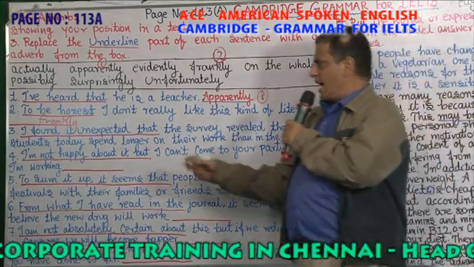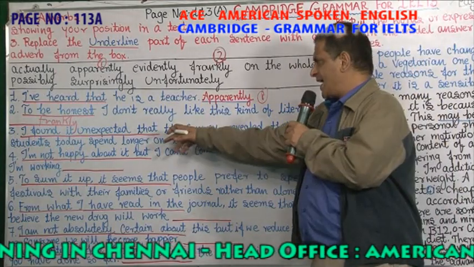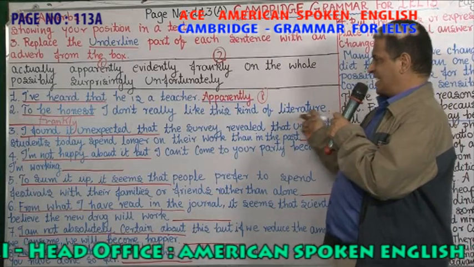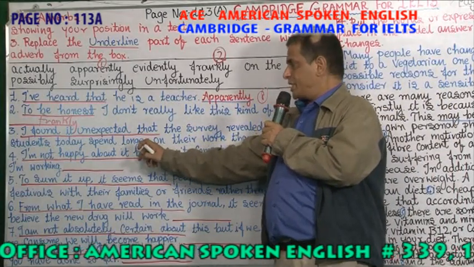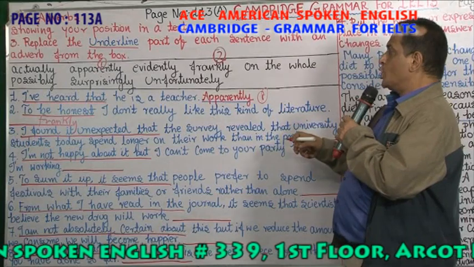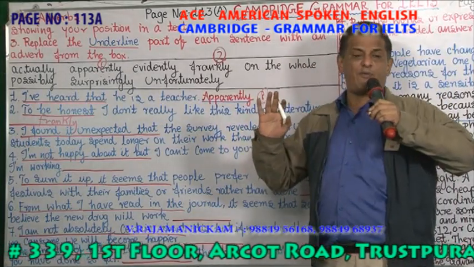Next, I found it unexpected. You never expected. I found it unexpected that the survey revealed that university students today spend longer on their work than in the past. So, I found it unexpected. That means what? I never expected.